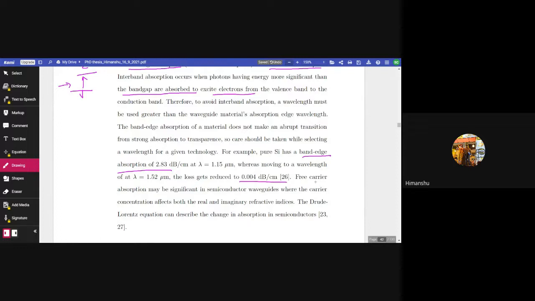Reference 26. Free carrier absorption may be significant in semiconductor waveguides, where the carrier concentration affects both the real and imaginary refractive indices.